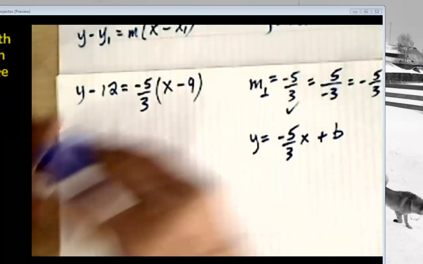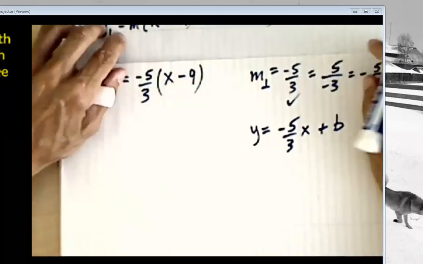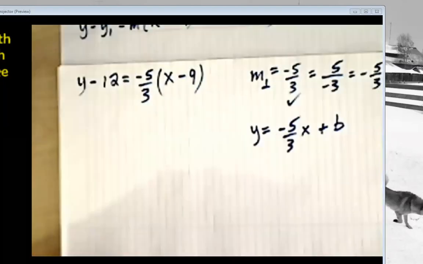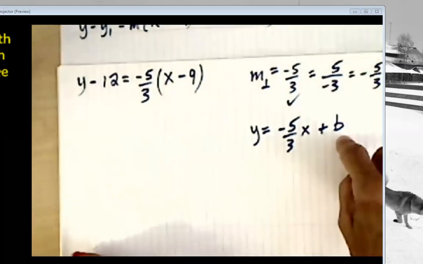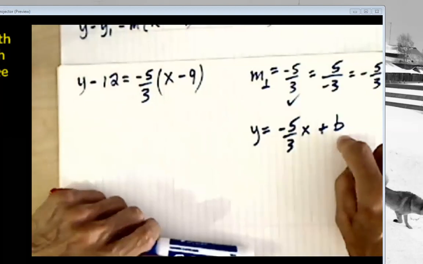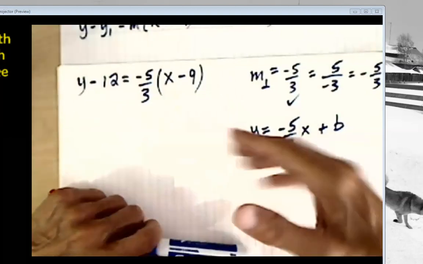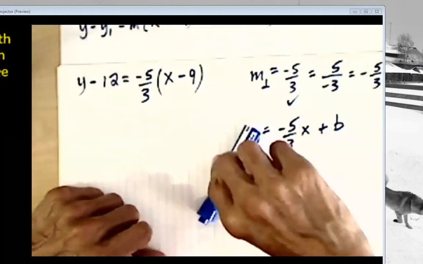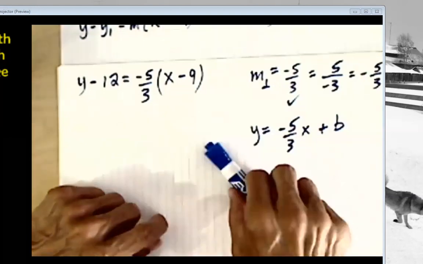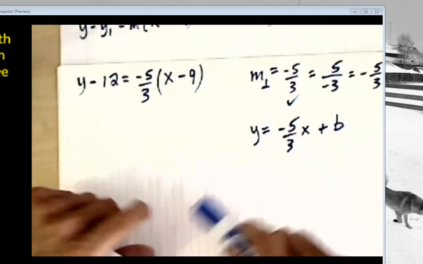All right, and so the goal now is to figure out what b is going to equal. Because right now we know how steep the line is. We know the angle the line's at, not up like that, but down like that. But we don't know where it is. We got to figure out on the y-axis.